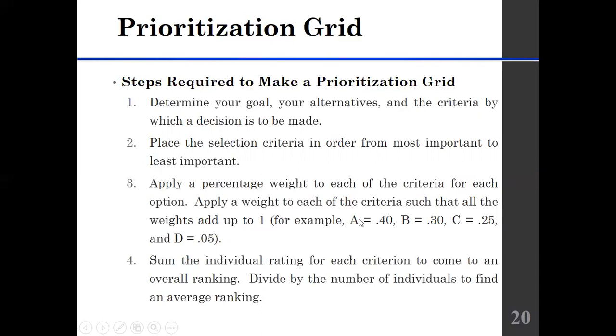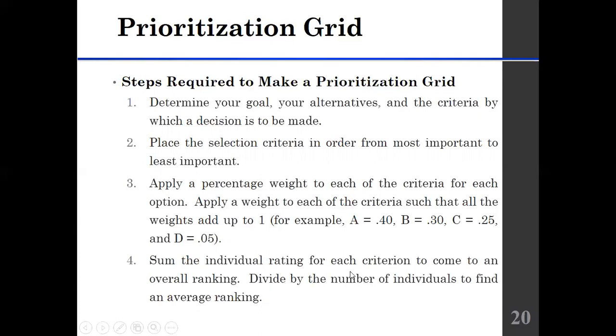For example, criterion A has a weight 0.40, B has a weight 0.30, criterion C is equal to 0.25, and criterion D has a weight 0.05. So 0.40 plus 0.30 is equal to 0.70, plus 0.25 means 0.95, plus 0.05 is equal to 1. So the weights of all of these criteria add up to 1.